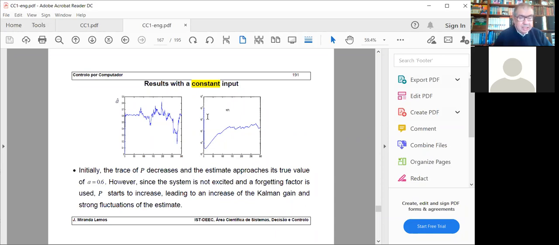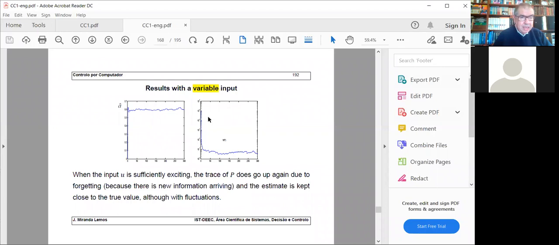Now, repeat this estimate, but now use the data obtained in a situation in which you are continuously exciting your system. So you are adding noise. And as you see, you converge to a value.